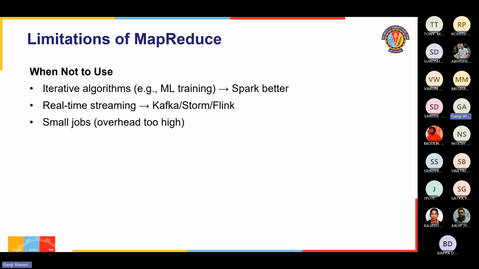It is like you are trying to use a bulldozer to move a flower pot. It works, but you're wasting a very critical resource. For small or iterative jobs, you have much better approaches that you can use.